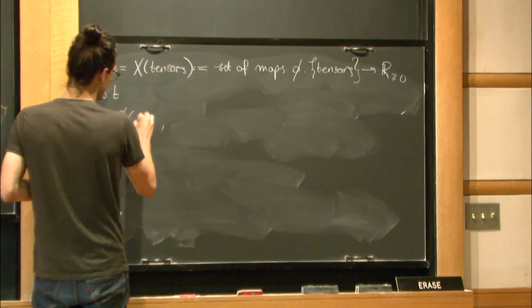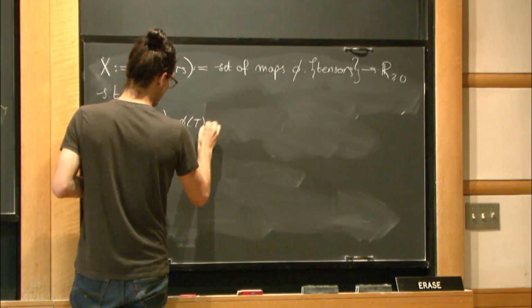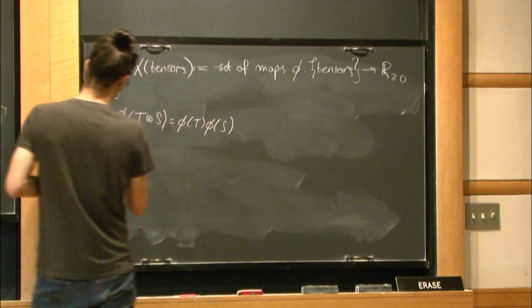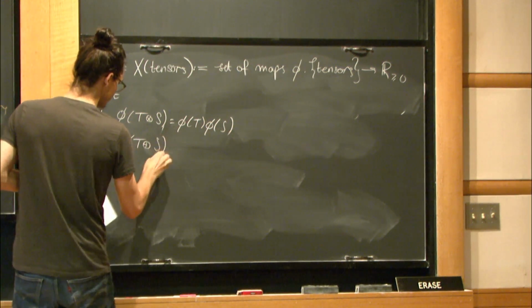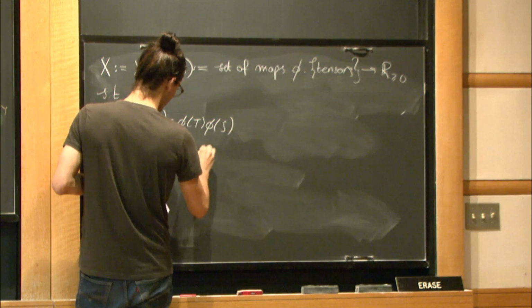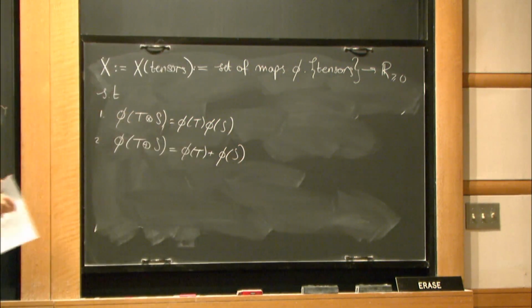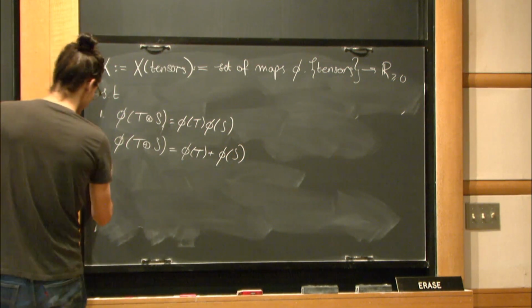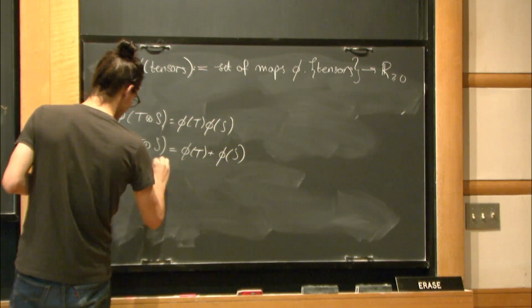I want phi to be multiplicative. I want phi to be additive. I want phi to be normalized on these n by n by n identity tensors.